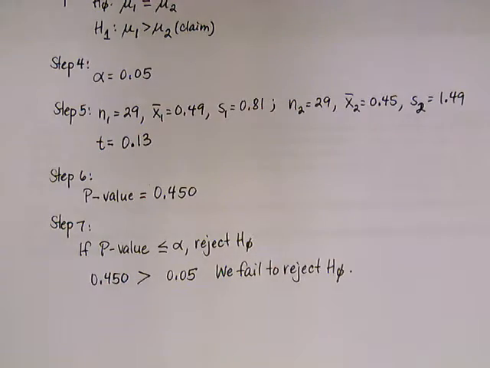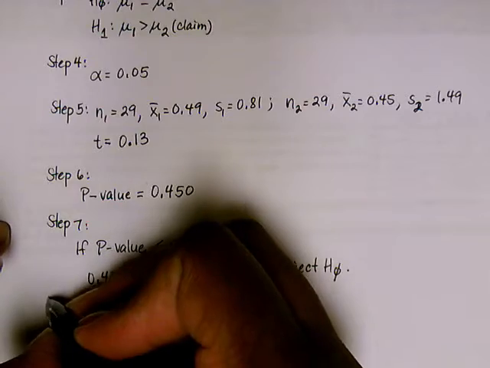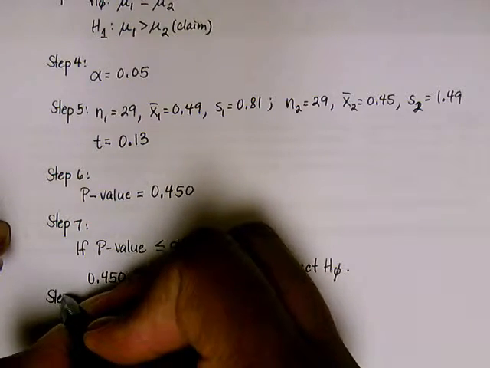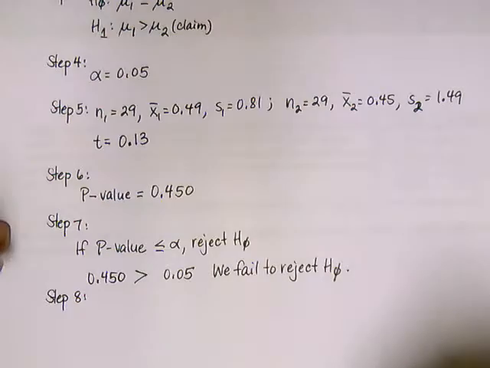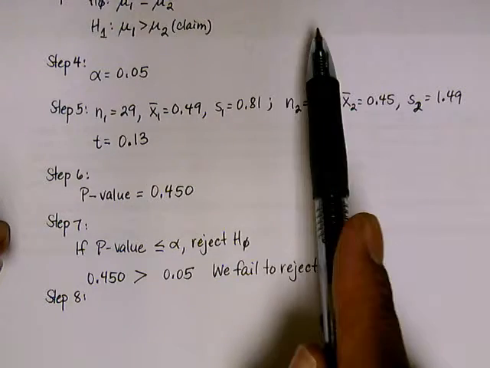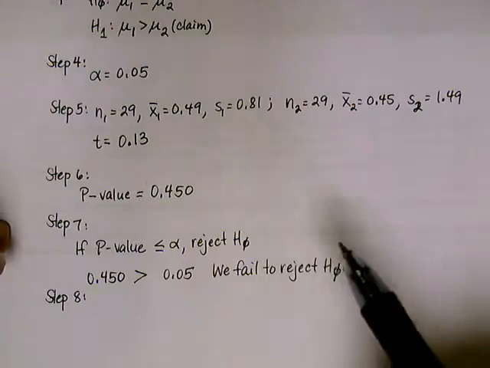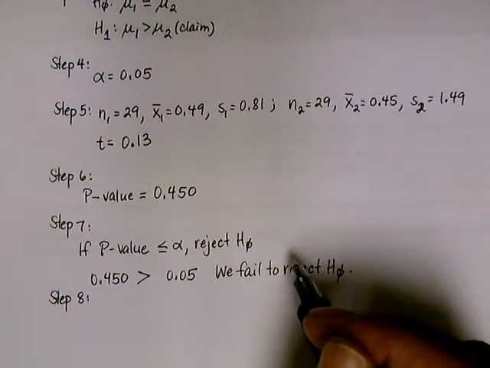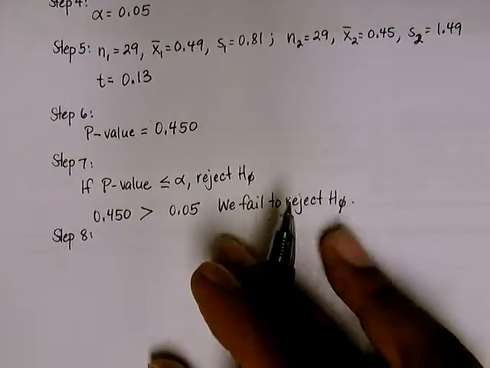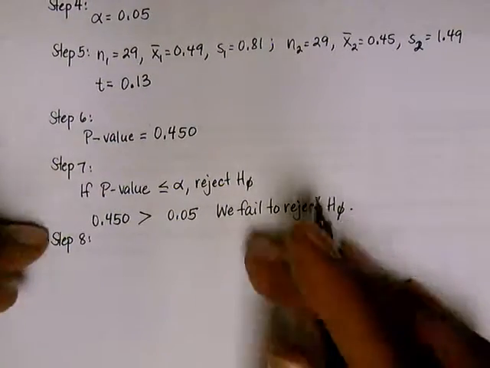Okay. Now, step number 8 is writing the conclusion using simple non-technical terms. The claim was the alternative hypothesis, but we failed to reject the null. So there's no way that we can support the claim based on this.